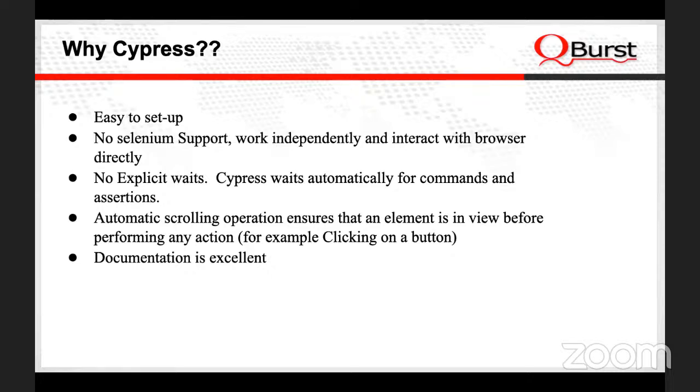If I have to go to the fifth or sixth table and click on an edit button, I'll have a command in place to click that button, but I have to scroll to that element before I perform the action. So I have to explicitly write code to scroll to that particular button and click it. But here in Cypress, you don't need to worry about this scroll because it will automatically scroll to that button wherever it is present in the DOM.